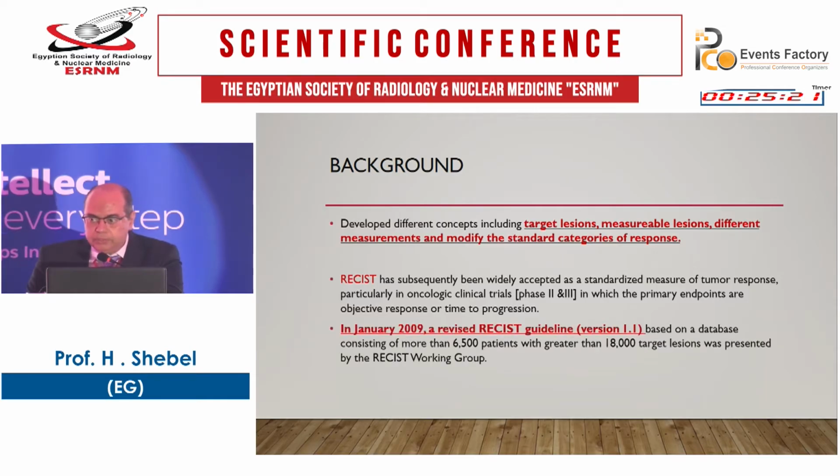However, in 2009, after implementation in large clinical trials, including about 6,500 patients and about 18,000 target lesions, they found these criteria needed to be modified. And from this year, 2009, a new version of RECIST criteria was established and became version 1.1.